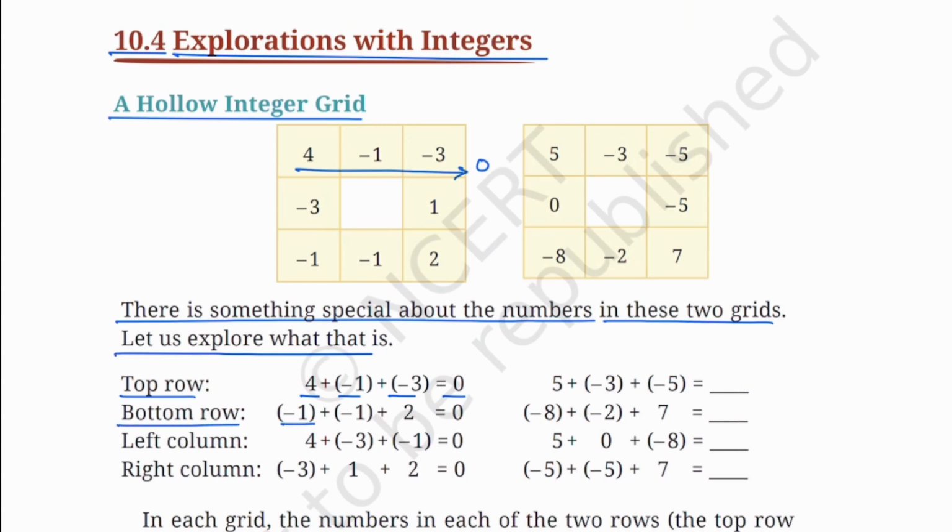Bottom row, minus 1 plus minus 1 plus 2 is equal to 0. Left column, 4 plus minus 3 plus minus 1 is equal to 0. Right column, minus 3 plus 1 plus 2 is equal to 0.